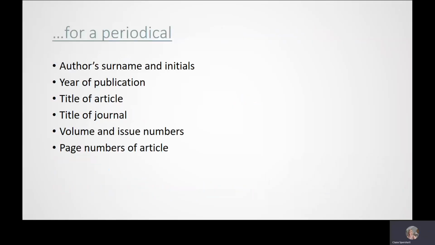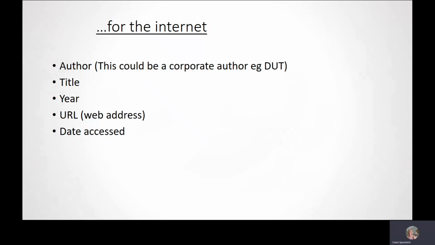Likewise, for a periodical, remember author's surname, initials, the year, title of the article, as well as title of the journal, the volume, issue numbers, and the start and end page number of the article.